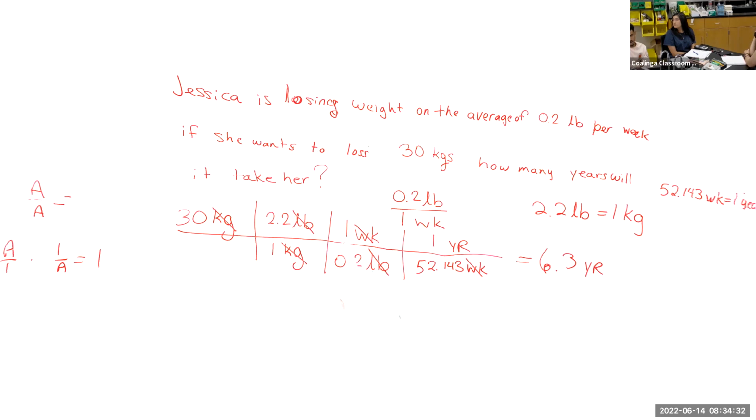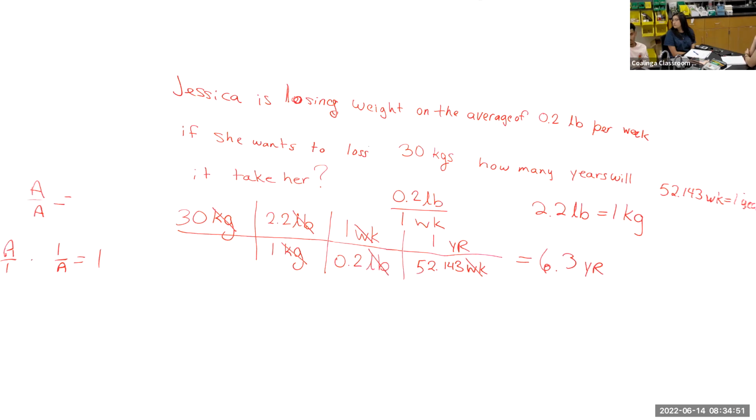I put my 1 week because it's per week. I know per week means 1 week, and then I have 0.2 pounds. That allows me to get rid of the pounds. The same thing happens with the week.